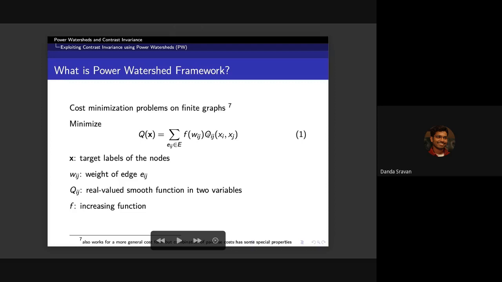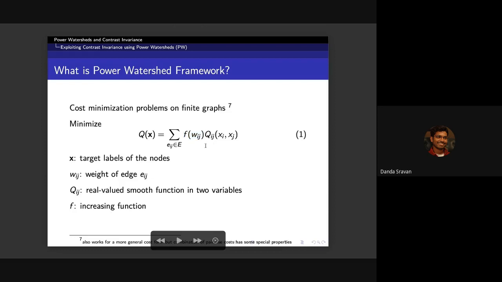The cost function is of the form: for each edge in my graph, assuming that I have w_ij as some kind of a similarity, here it's not a gradient anymore, it's a decreasing function of a gradient, and I use a monotonic function on my edge weights.